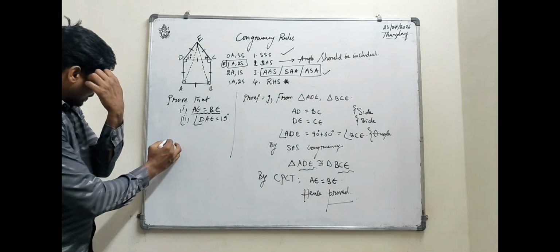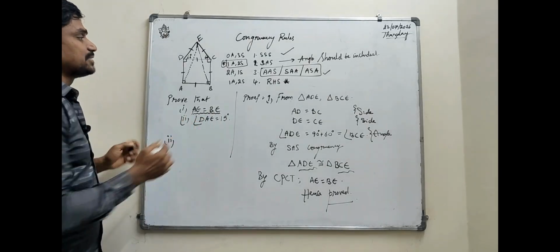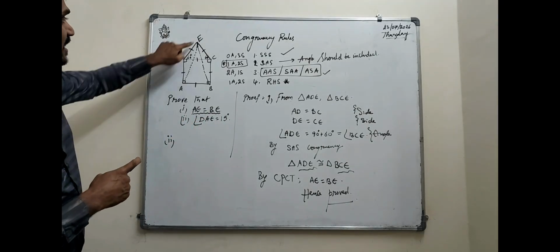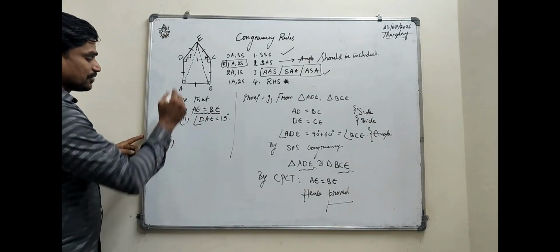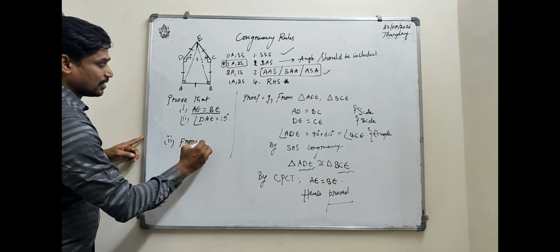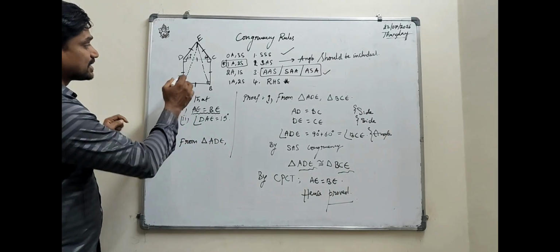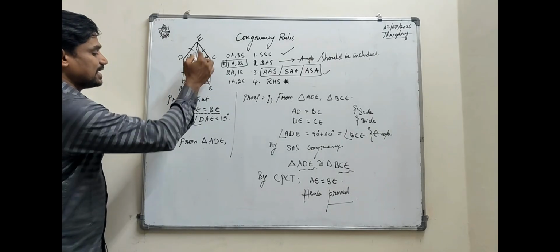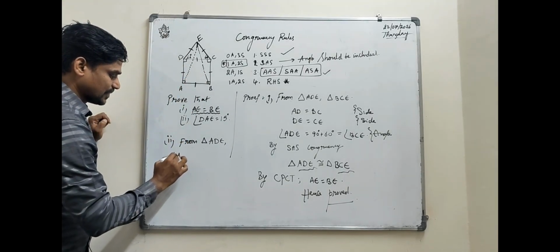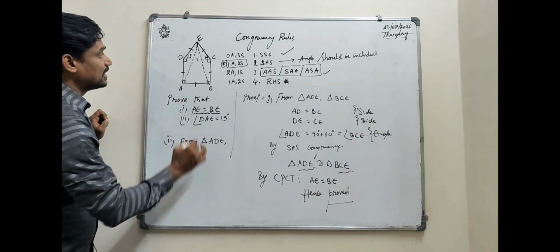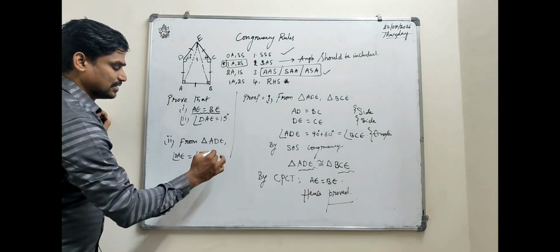What is the second part? Angle DAE is 15. If you clearly observe from triangle ADE, what can you say? Angle DAE is equal to angle DEA. Why, tell me?